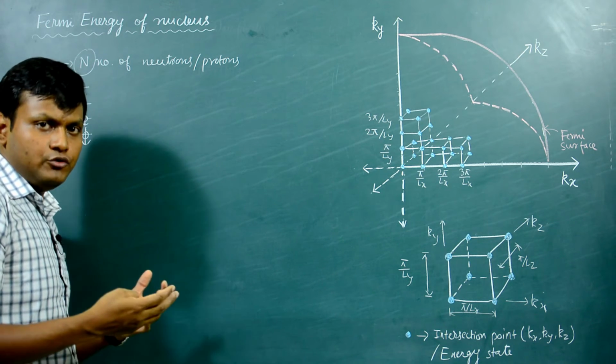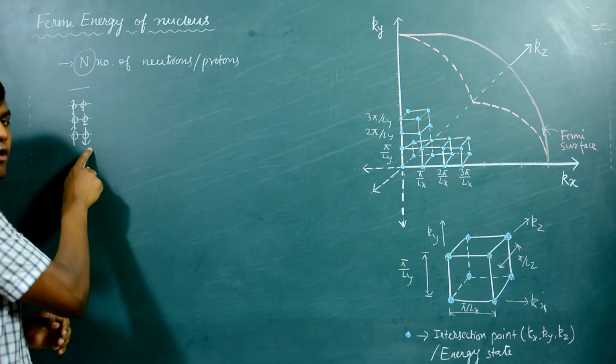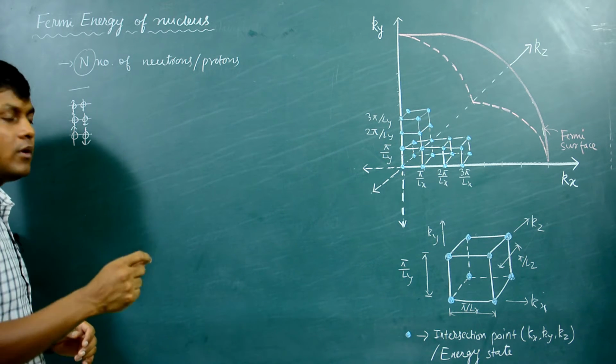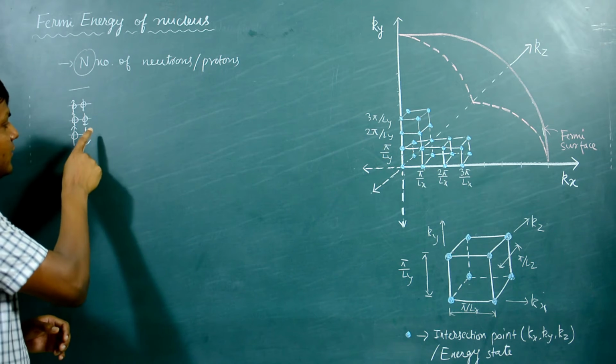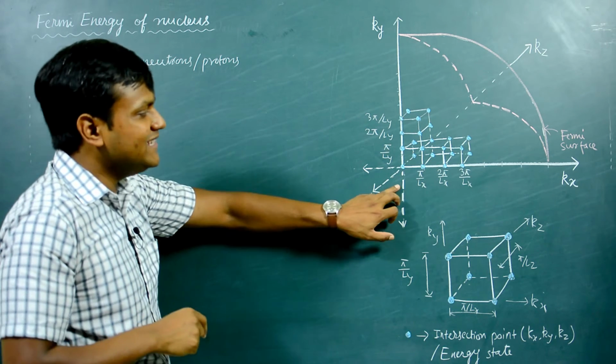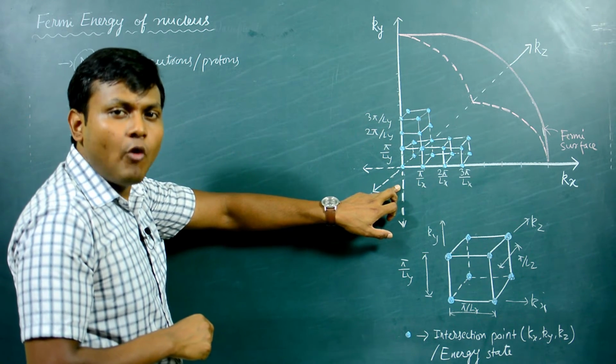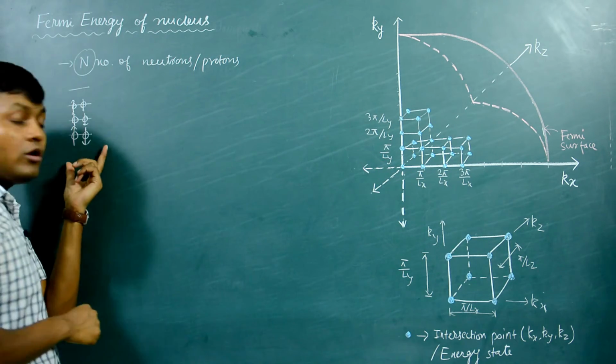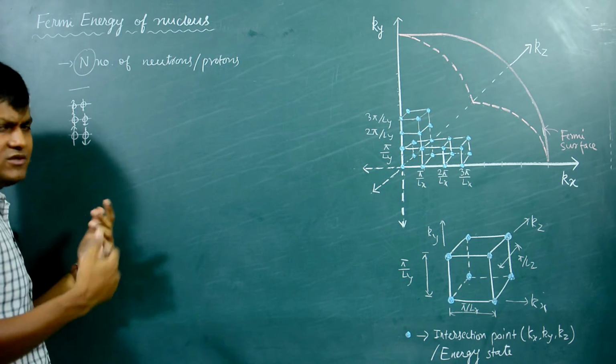There are n neutrons, and since 2 neutrons can occupy one distinct energy state, there are going to be n/2 distinct energy states. And if I represent n/2 distinct energy states in k space, what is the volume in k space that is going to be occupied by the occupied energy states? It's quite simple.